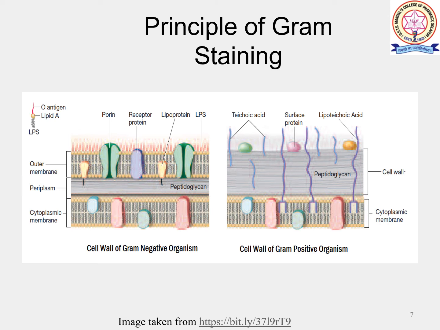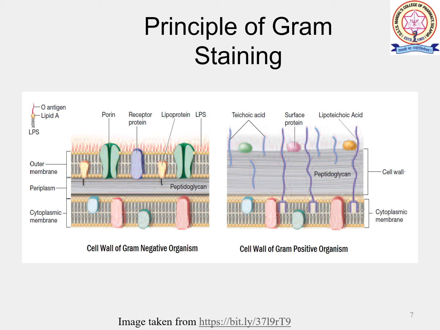Gram-negative cells have a thin layer of peptidoglycan, so when we use alcohol, the outer membrane of the cell wall of the gram-negative bacteria will be lost, and this peptidoglycan layer will be exposed.